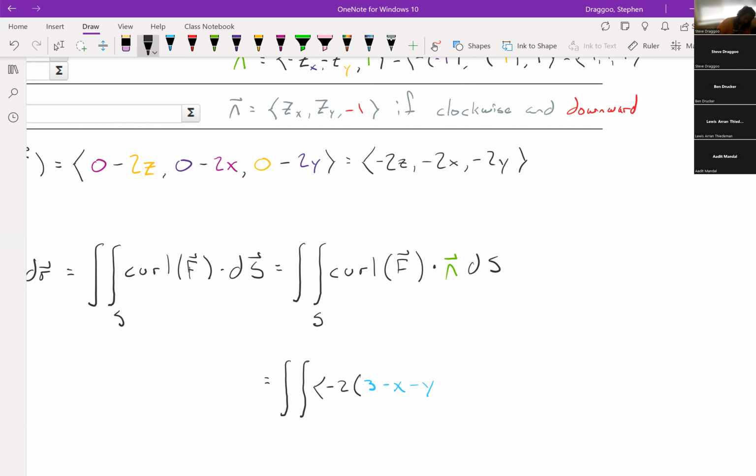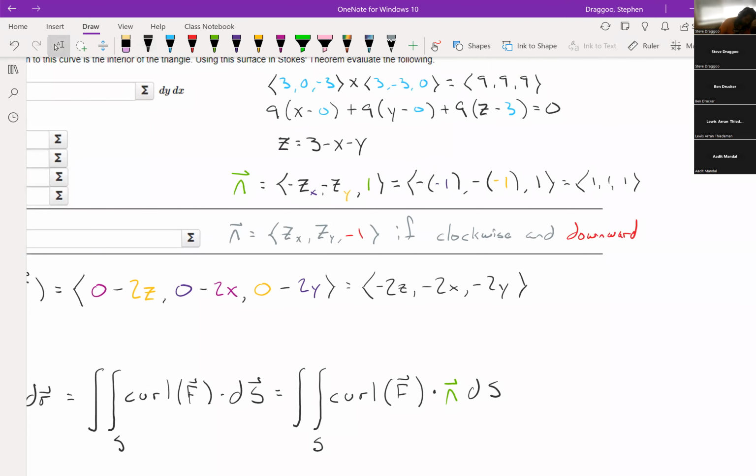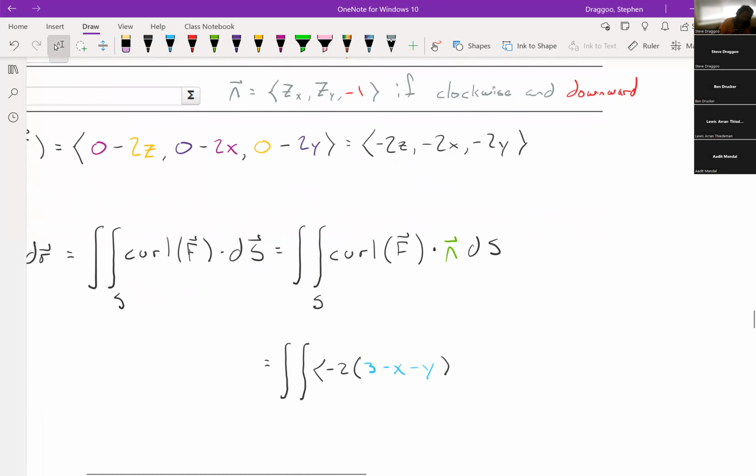So z from up at the beginning, this guy right here, we got that z is 3 minus x minus y. We needed the equation of our plane. So we're going to substitute that into the curl right here.